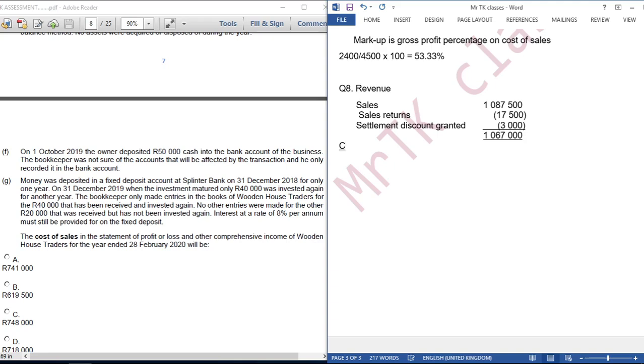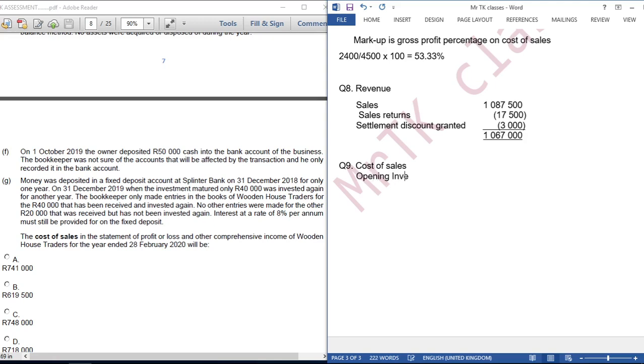So we are going to say cost of sales. Now this is question 9. We need a little bit of spacing here. How do we calculate cost of sales? We say opening inventory.